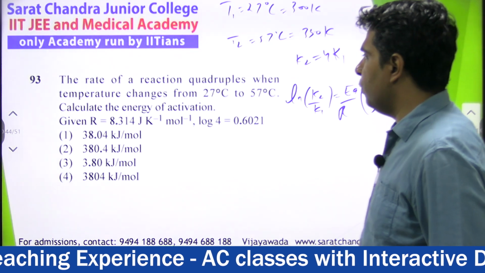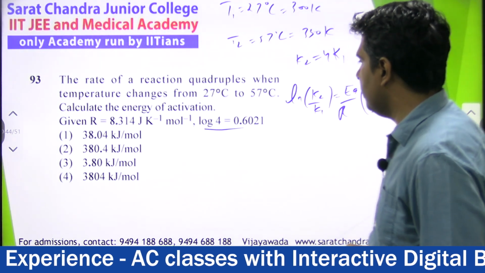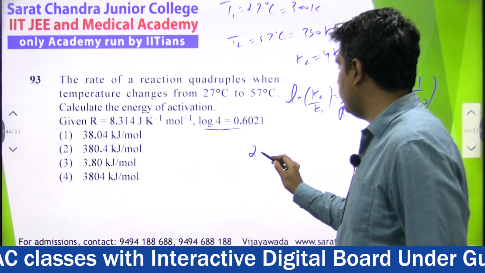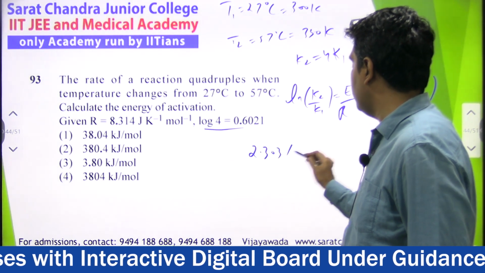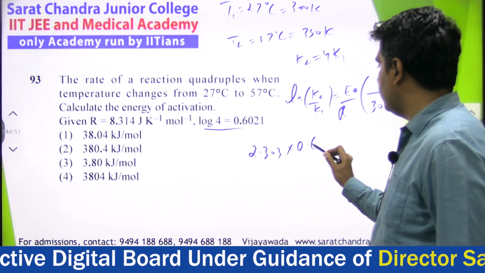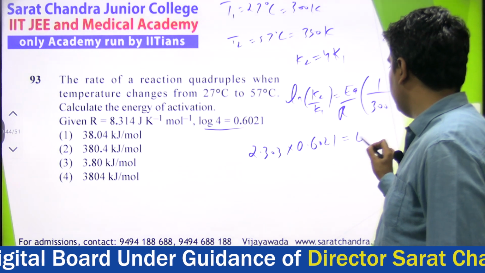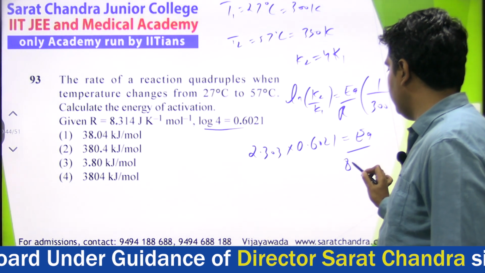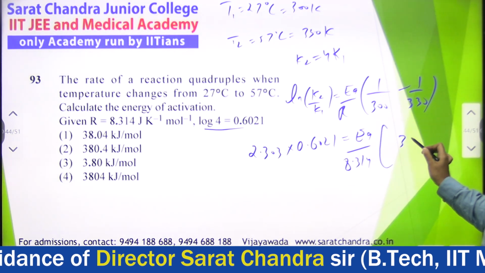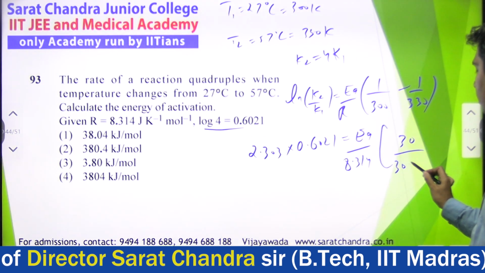So this will be ln 4. Log 4 value is given. So ln 4 we can convert into log: 2.303 into log 4. Log 4 value is 0.6021. Activation energy we have to find out. R value is 8.314. So 330 minus 300, that is 30, by 300 into 330.